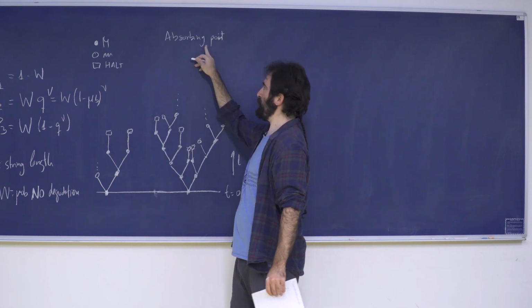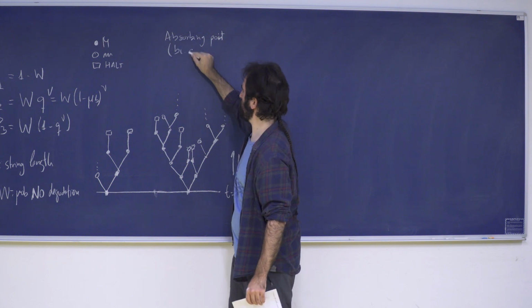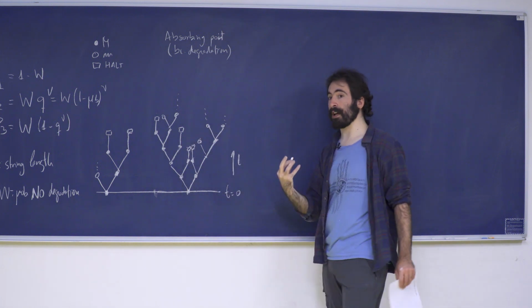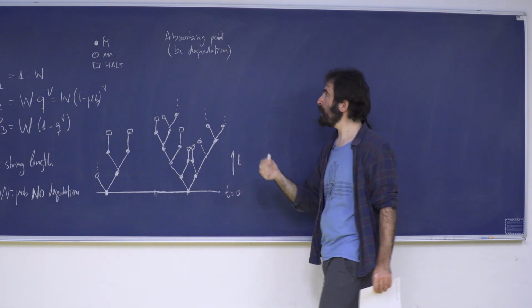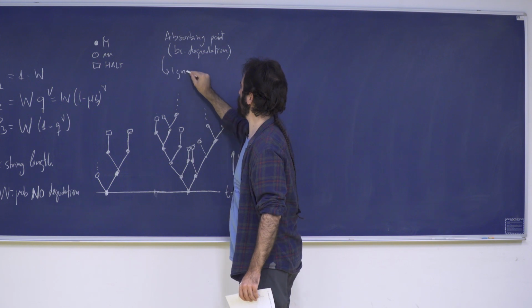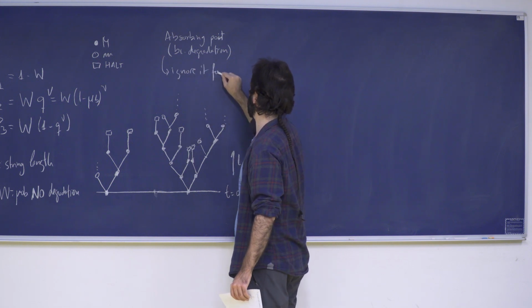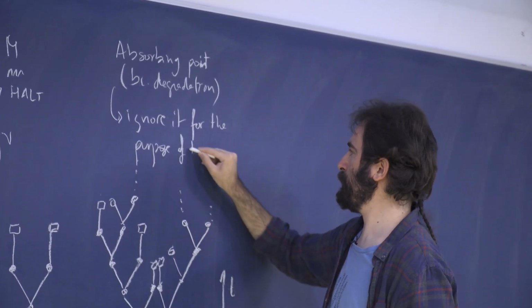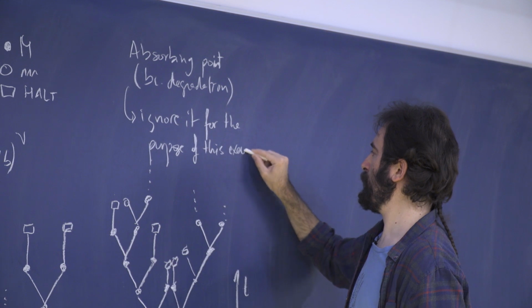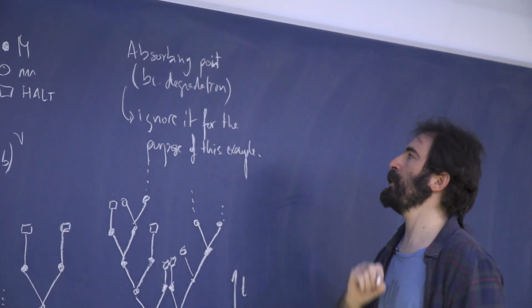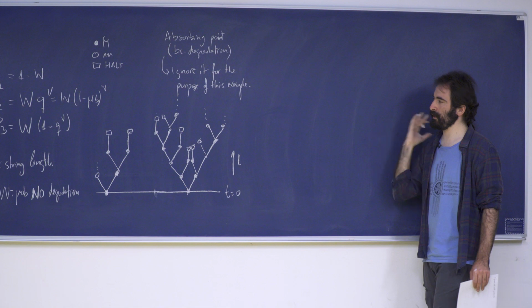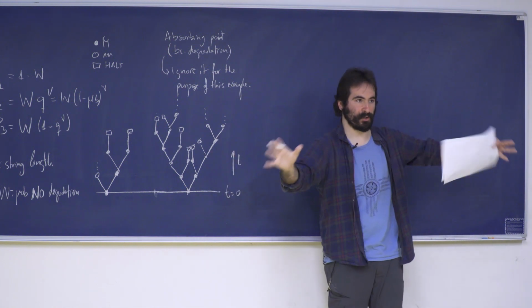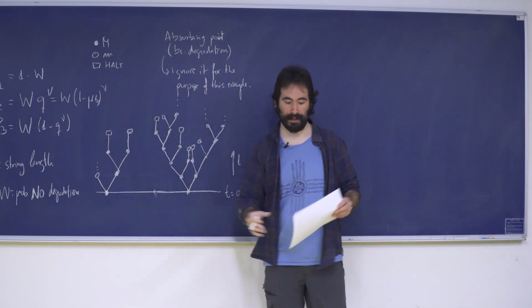So there is an absorbing point because there is degradation. But for the purpose of this exercise, for the purpose of what we're trying to analyze, we're going to ignore it. I wanted to point out that this is going to happen: eventually these trees are going to finish somewhere, and this is because we had a degradation element.